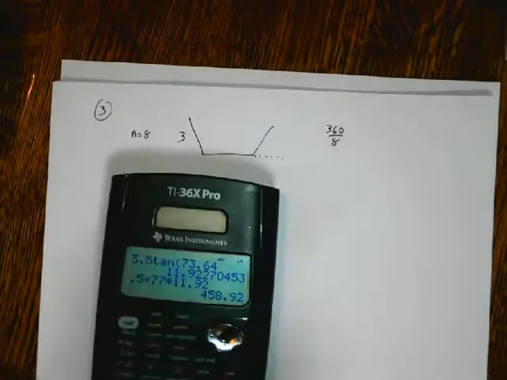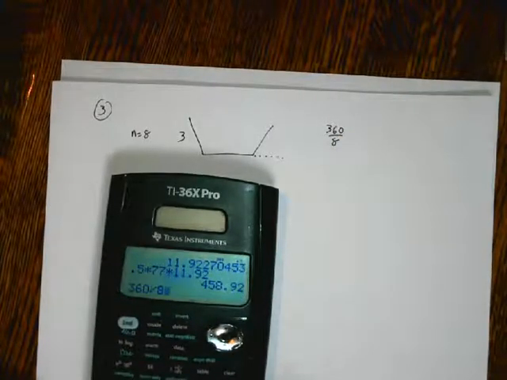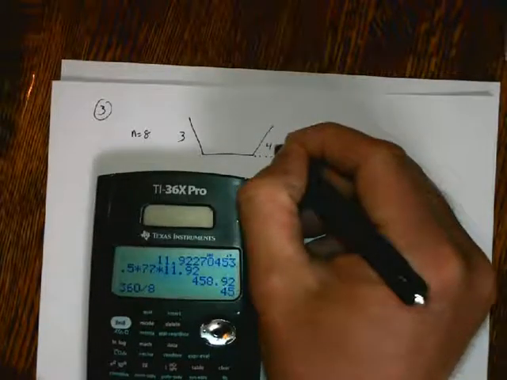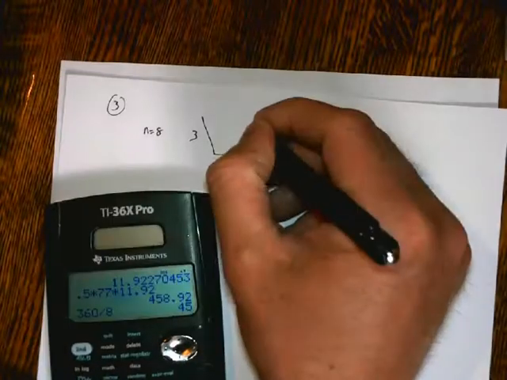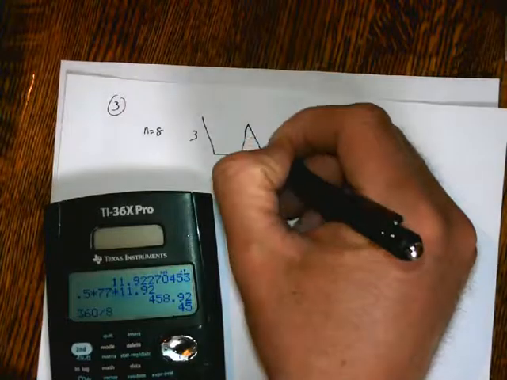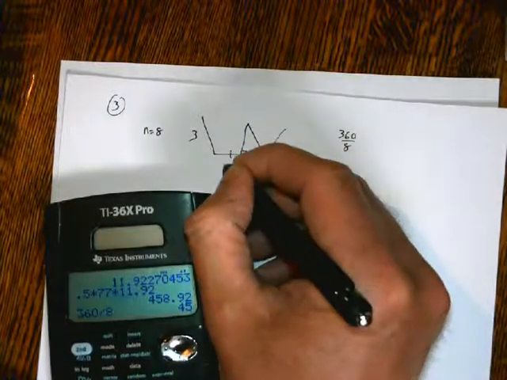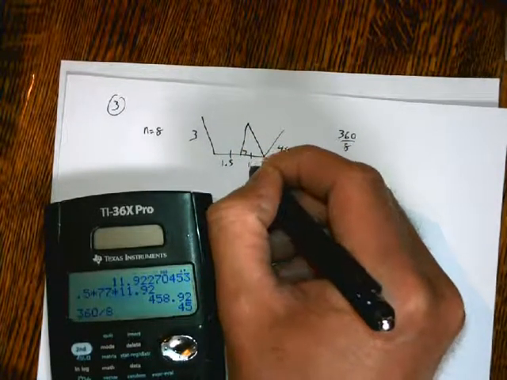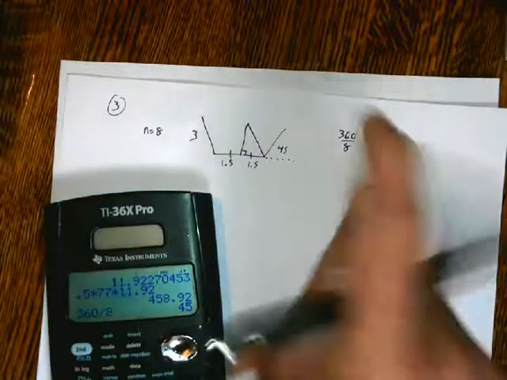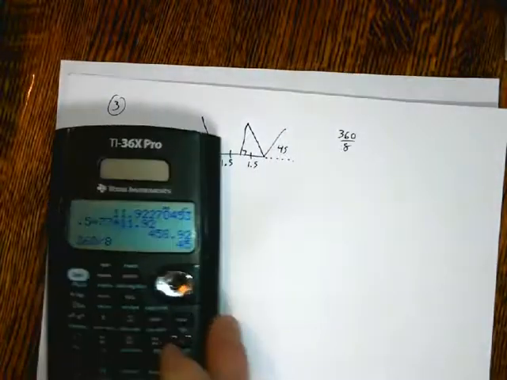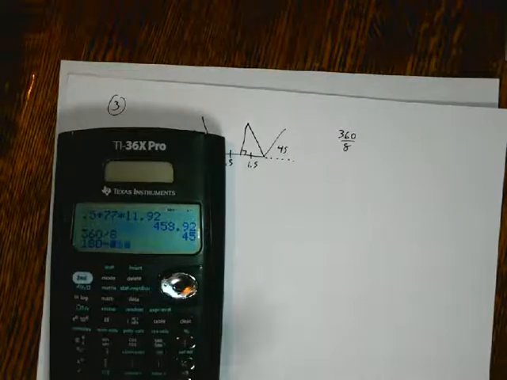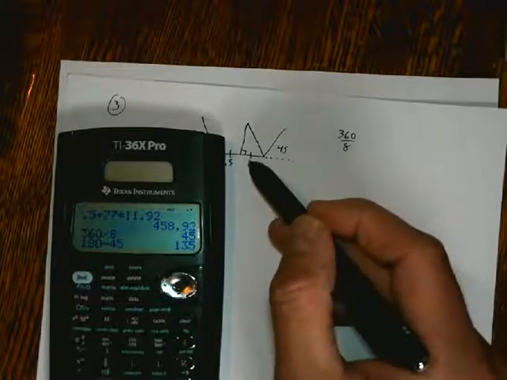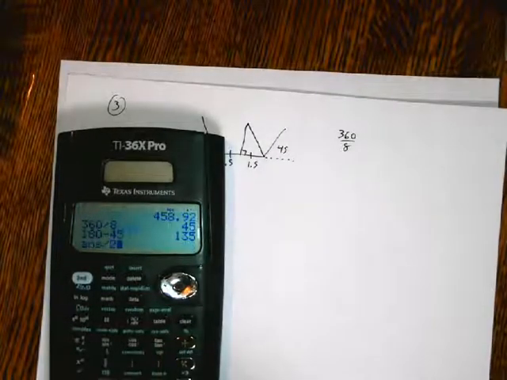Get our exterior angle, 45. Now remember, we then draw in our triangle here. These are both 1.5 because they have to cut the 3 in half. We'll find the supplement of 45, so 180, subtract the 45. Remember, that's the whole angle at 135. We just cut this in half to get the interior angle at 67.5.